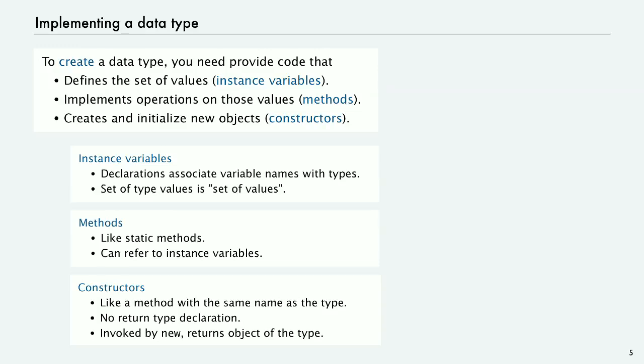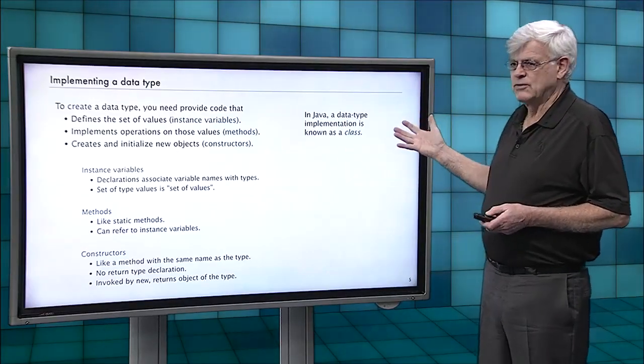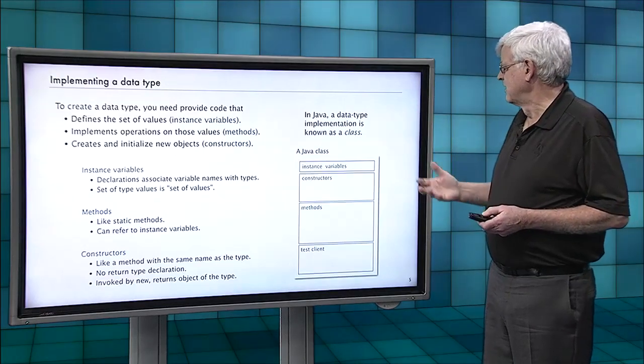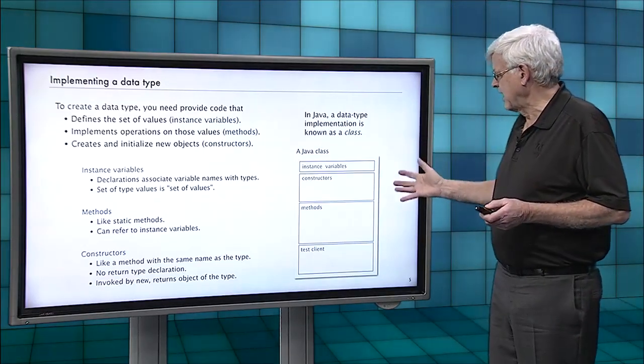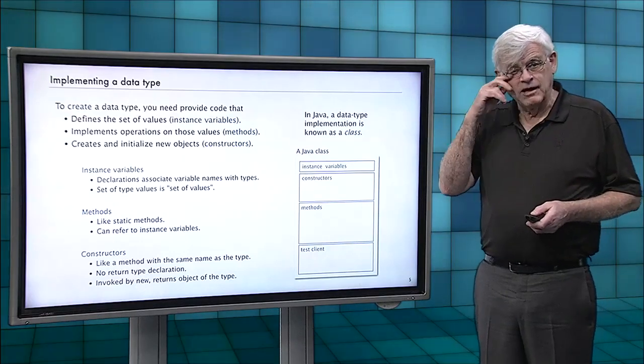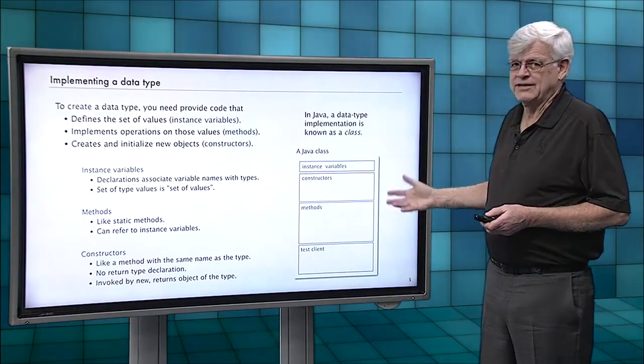The constructor, by the way, is invoked by the new keyword in Java, and it returns an object of the type. So in Java, all of this put together is known as a class. And so our Java classes that we consider are all going to have this basic structure. And for every data type that we implement, we'll look at it exactly in this framework.